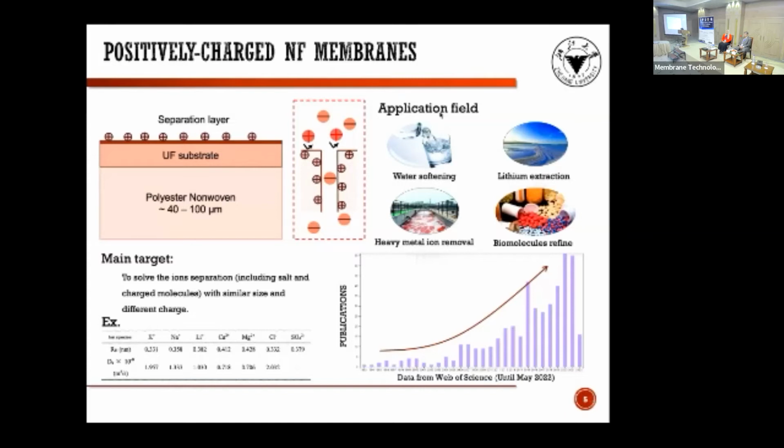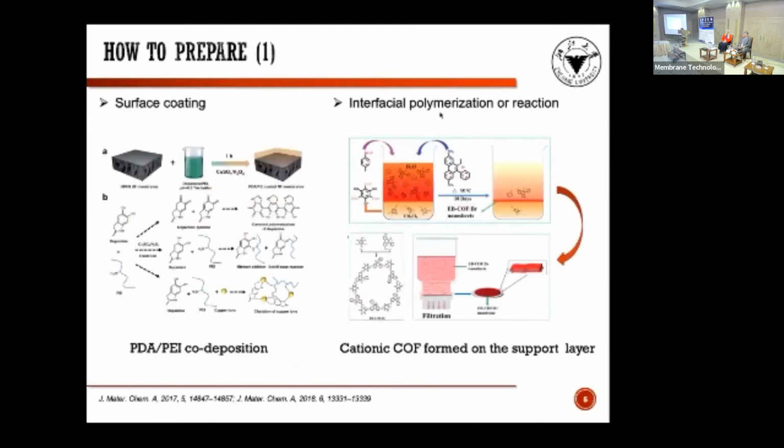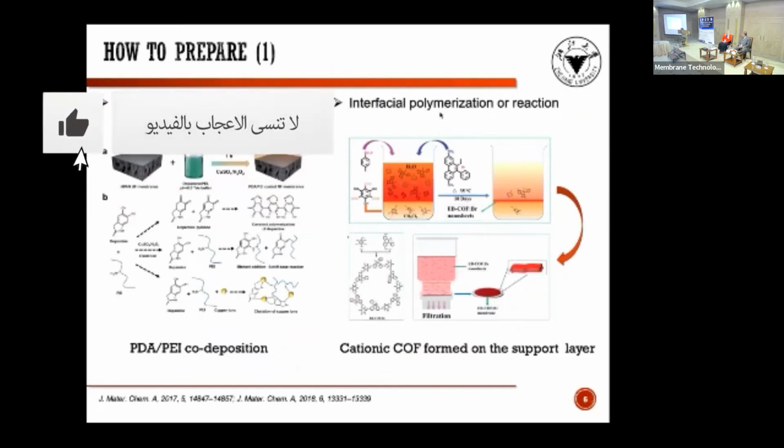According to Web of Science data, publications related to positively charged membranes increased sharply, especially after 2006. More researchers began to focus on this membrane. In the following three slides, I will briefly introduce the preparation means of the positively charged NF membrane.